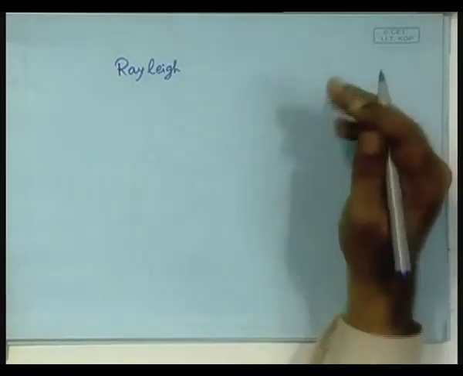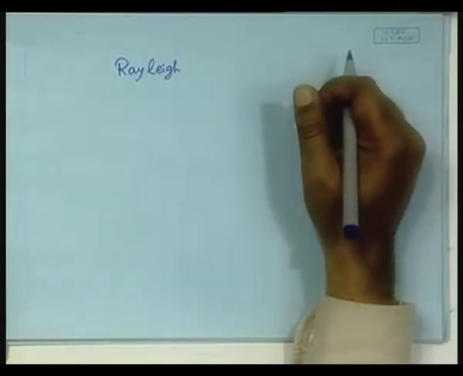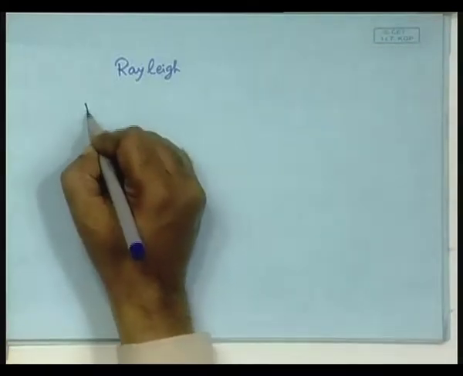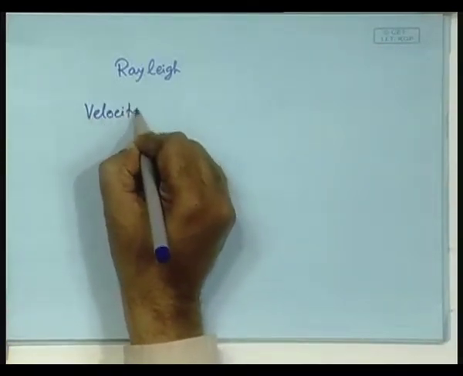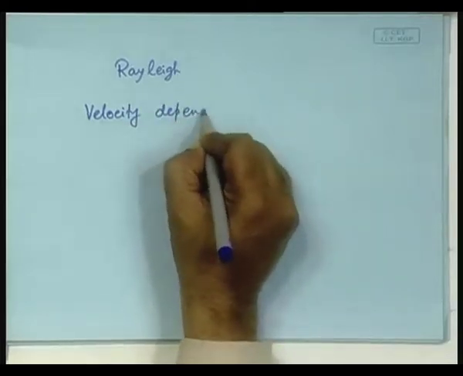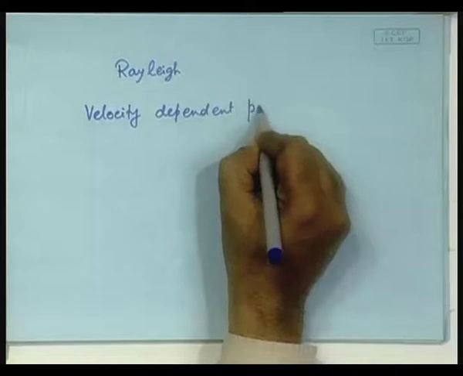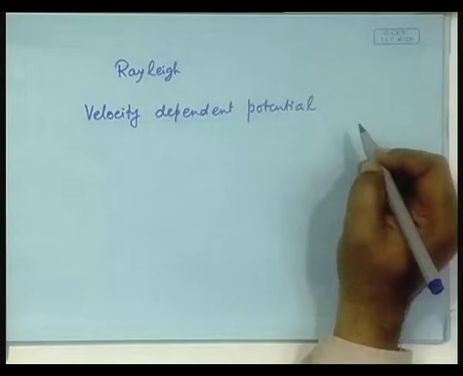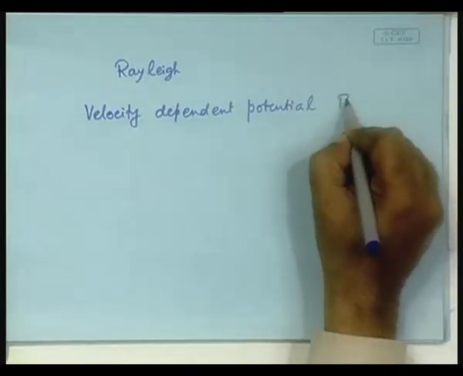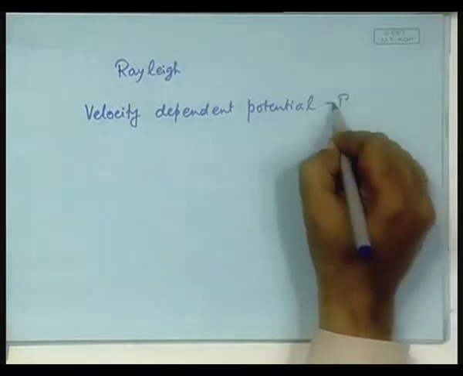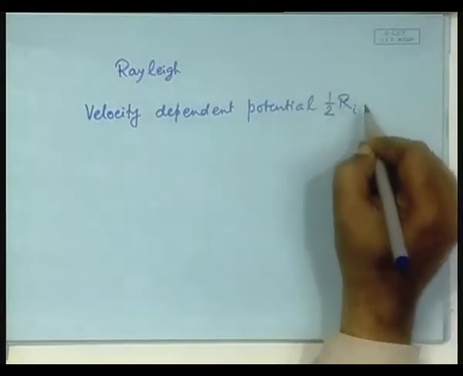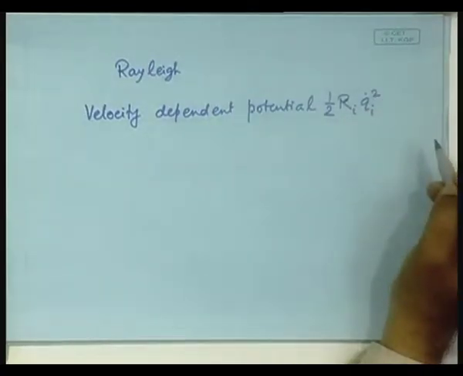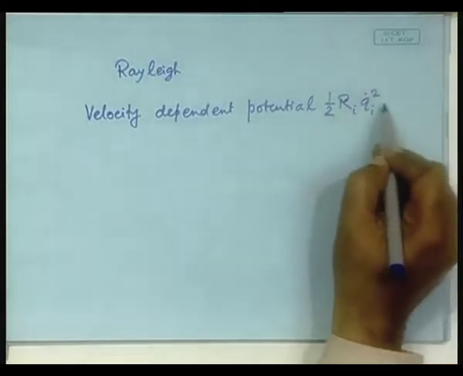by defining a new type of potential which is obviously velocity dependent. So, a velocity dependent potential that would be expressed as half r_i q_i dot squared along each of these directions.